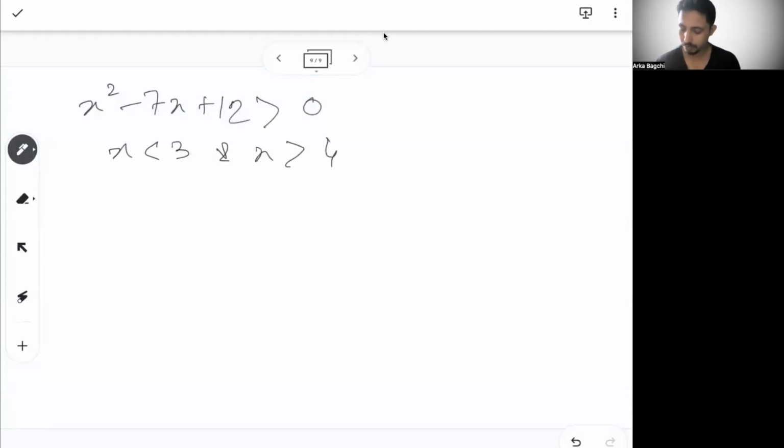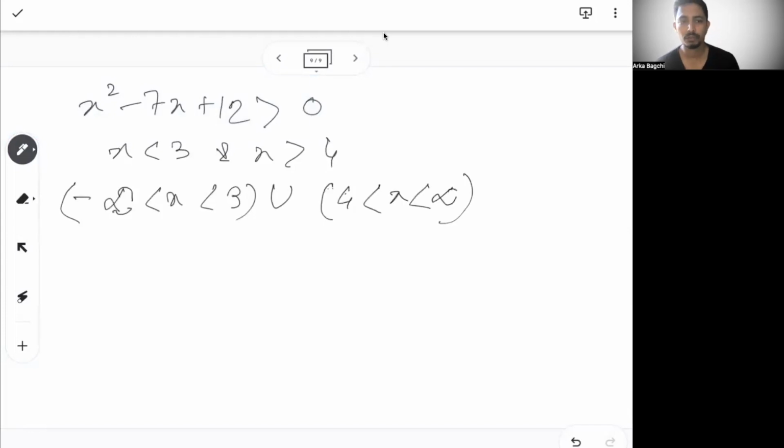Sometimes you can also see an option like minus infinity less than x less than 3, and 4 less than x less than infinity. So these can be two solutions, and this is one way of writing because this is a union sign.